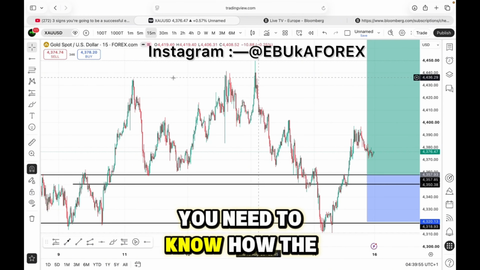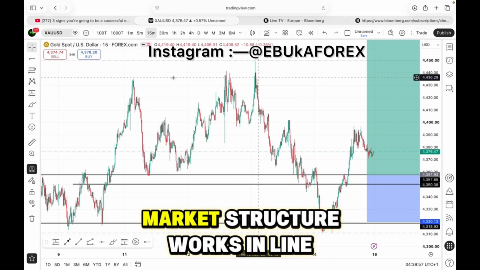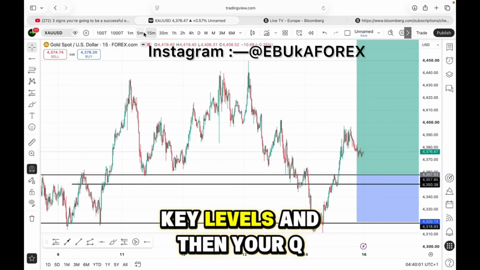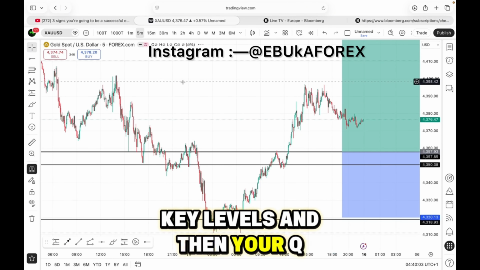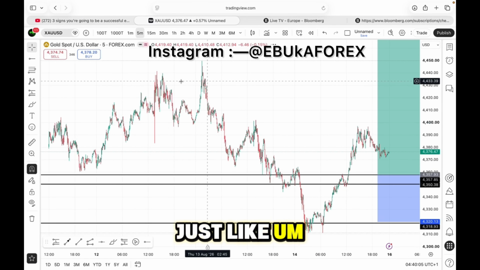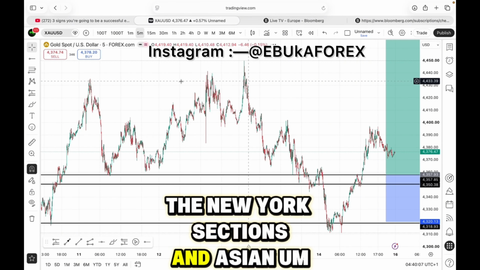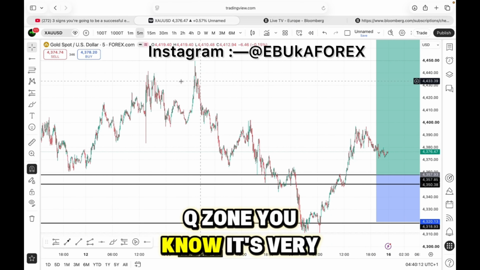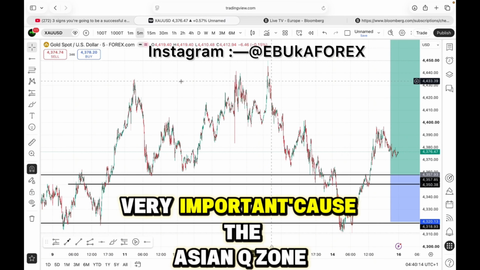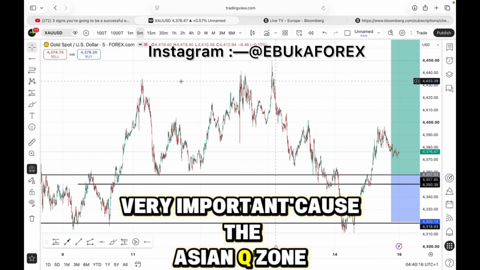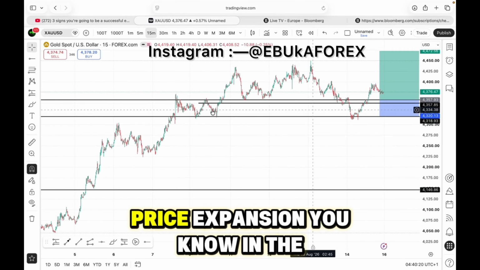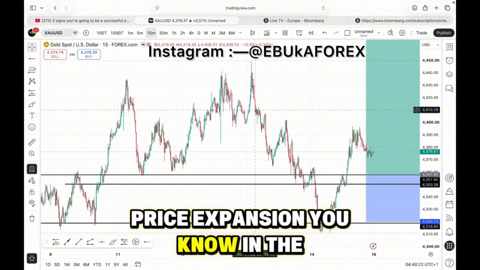You need to know how the market structure works in line with the key levels, and then your Q zone, just like the New York session and Asian Q zone, is very, very important, because the Asian Q zone is when we have the major price expansion in the market.